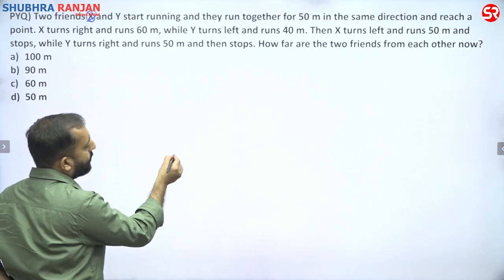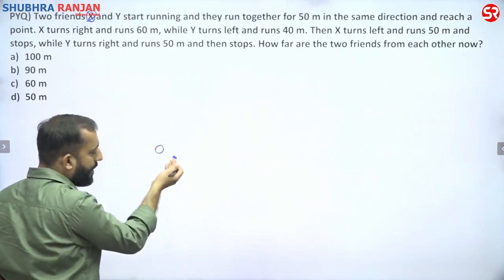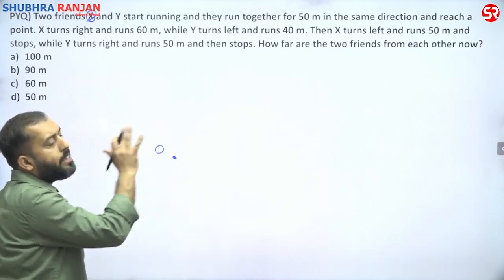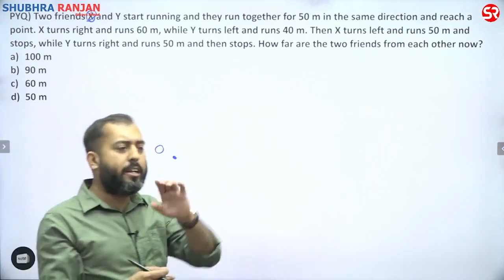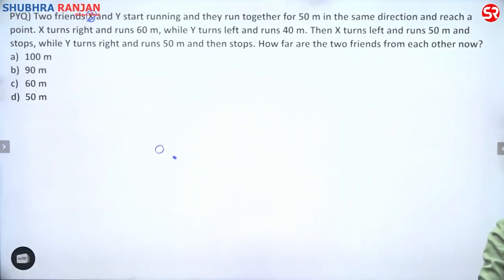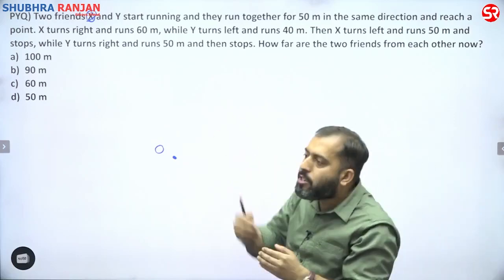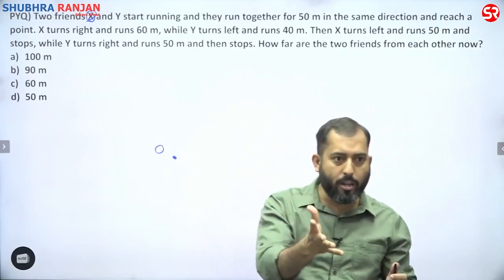So let's say this is the point from where they have started, and they are running in the same direction. Now since same direction is written, it is your choice whether you want to go towards east, west, or north. But if X is going towards north, then Y should go towards north. This is the only condition given.